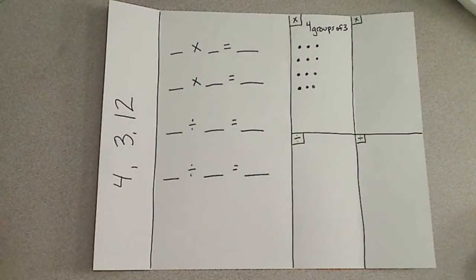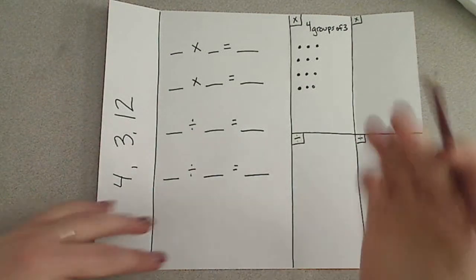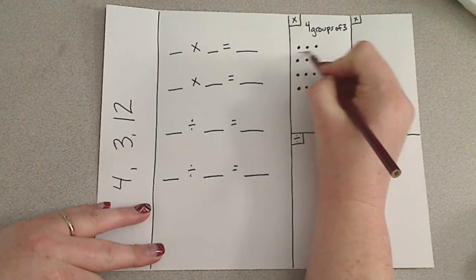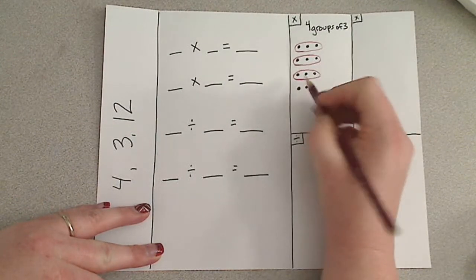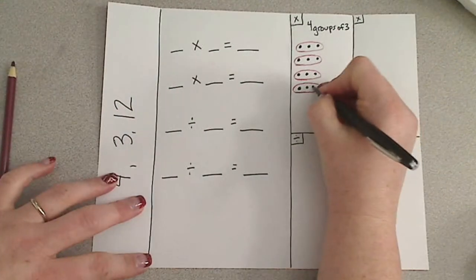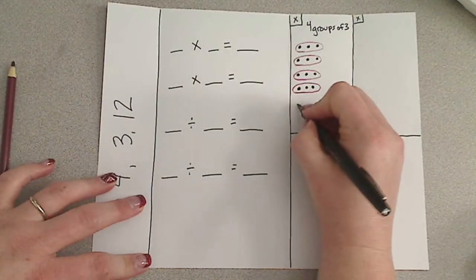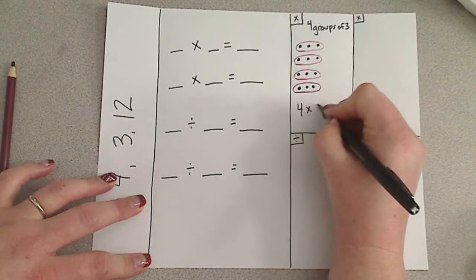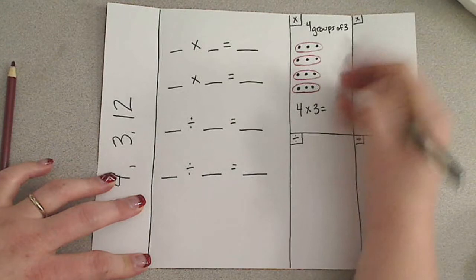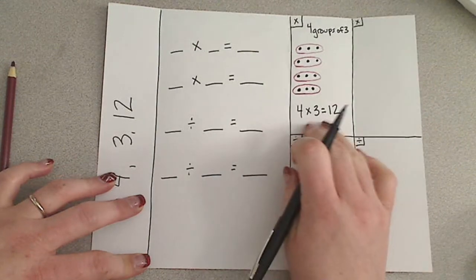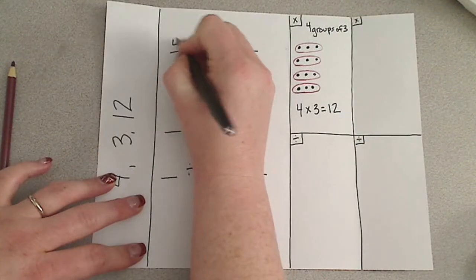And you can even have the students come in behind themselves and, just like we did before, recognize that I have 1 group of 3, 2 groups of 3, 3 groups of 3, and 4 groups of 3. That is perfectly fine. And then they need to make the connection that we have 4 groups times 3 in each group, which equals 3, 6, 9, 12. They're then going to take that equation and plug it in over here.